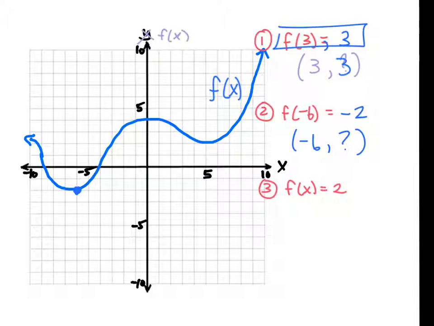Now, the last one, the third one, is a little bit different. So this time, I'm wondering where can I get a coordinate pair that has the second value as a 2? So now I'm going a little bit different. So instead of starting at the origin here and going left or right looking for an x, I'm going to go up to 2.